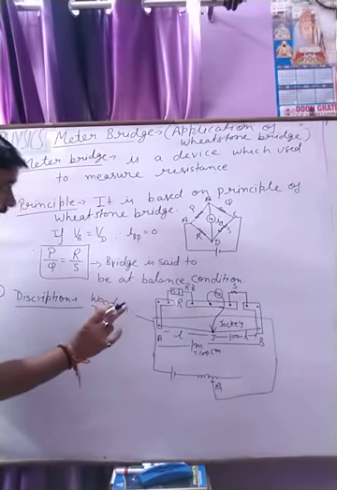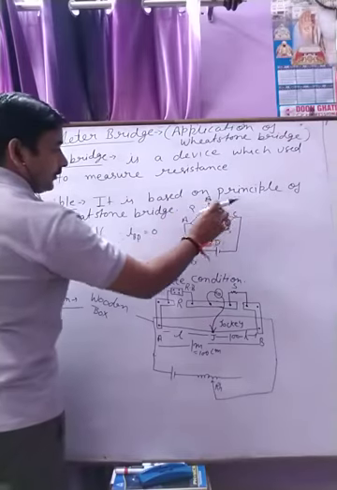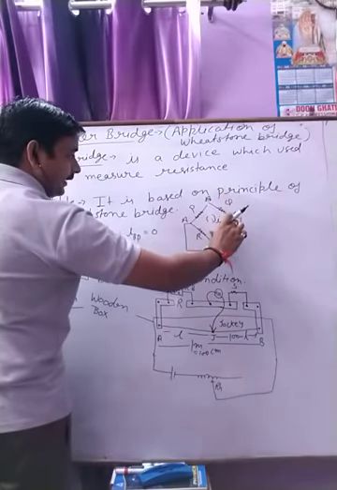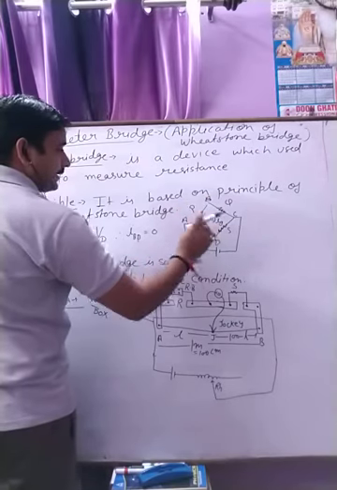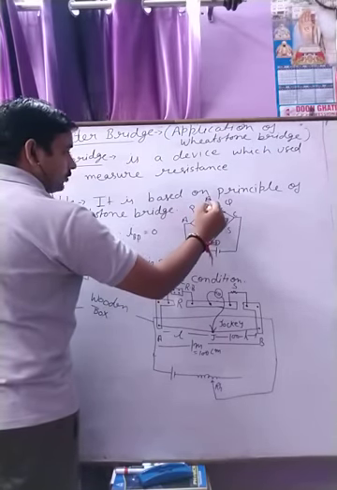With the help of this bridge we get the condition. If no current is flowing in this wire, then P and Q are in series and R and S are also in series.